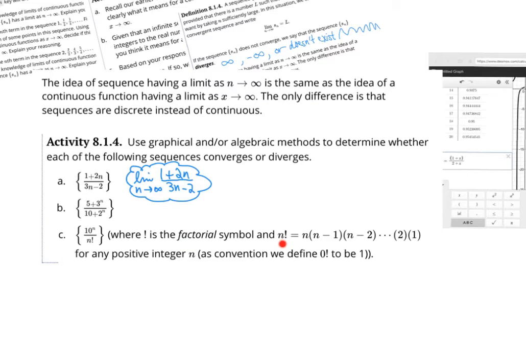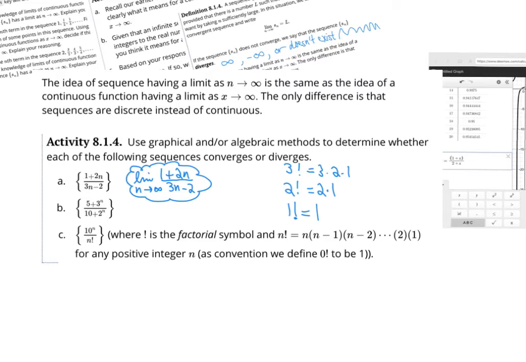And n factorial means n times n minus 1 times n minus 2, all the way down till you get to 1. So for example, 1 factorial is just 1 because I'm already at 1. 2 factorial would be 2 times 1. 3 factorial would be 3 times 2 times 1, etc.